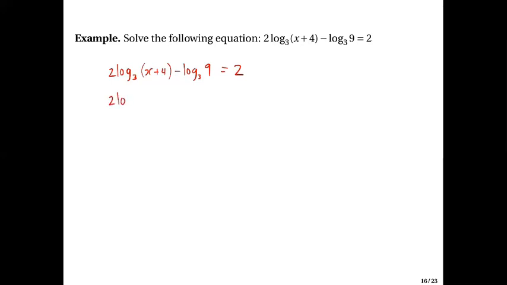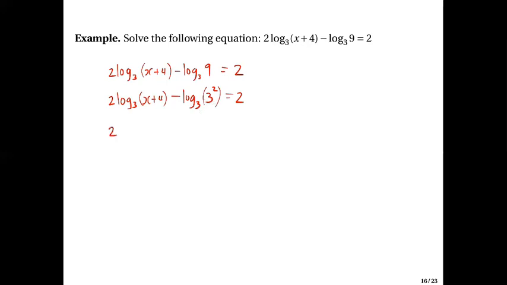So you have log base 3 of x plus 4. So 2 times logarithm of x plus 4 with base 3 minus you have logarithm with base 3 of 3 squared. That's your 9, correct? And this is equal to 2. And then this 2 here can go down and you have log 3 with base 3.